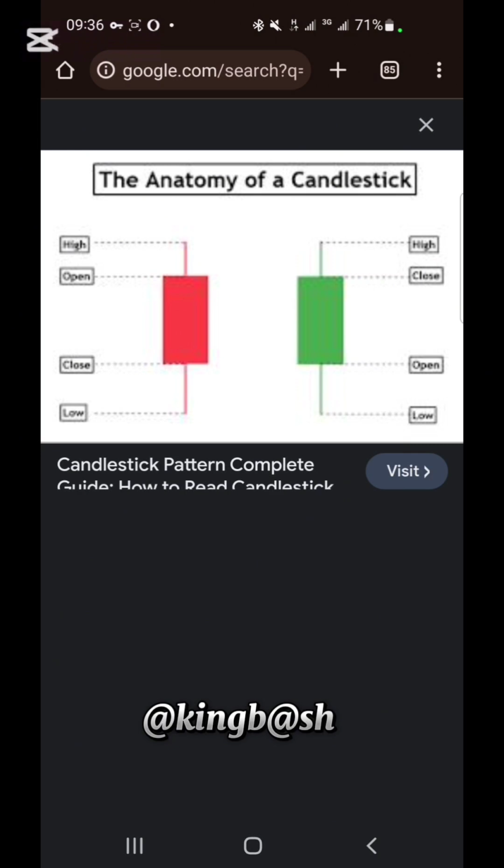Then we have the close, where the candle closes, or where price stopped before another candle opens. Now likewise, it is similar for the green candle, that is the bullish candle.